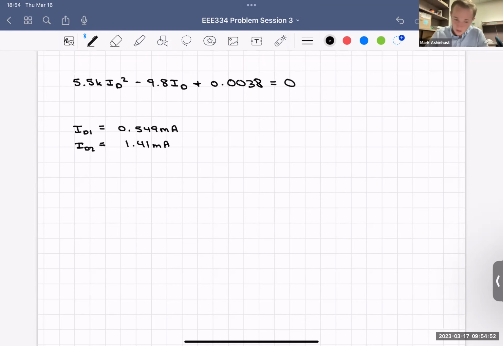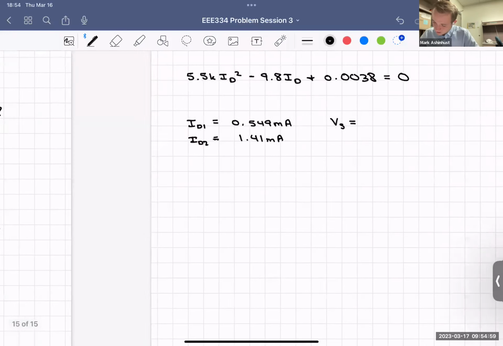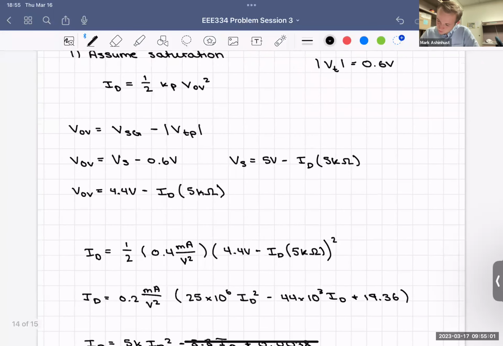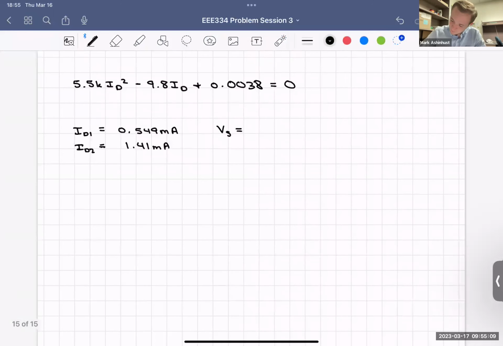So for 0.549 milliamps, we need to see what VS is. Well, VS was equal to, let's check back, 5 volts minus ID times 5 kilo ohms. So we'll use that here.